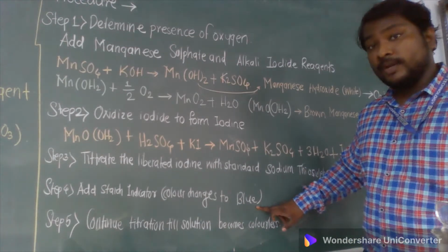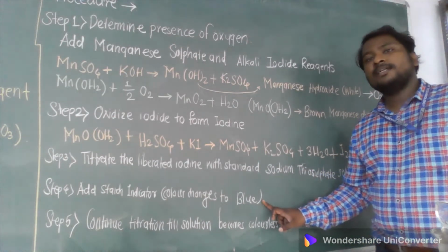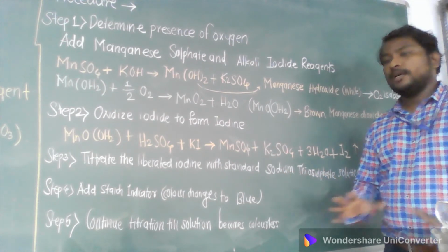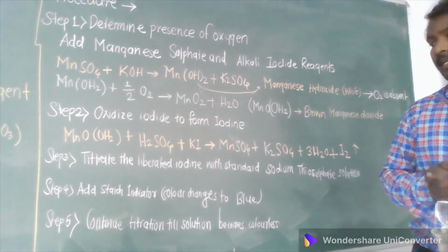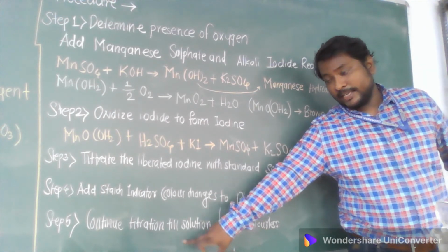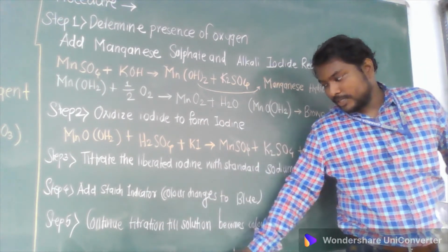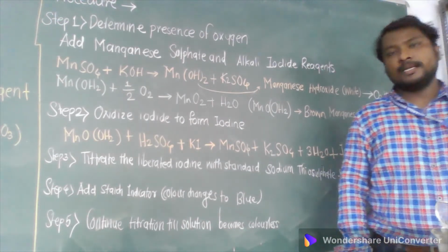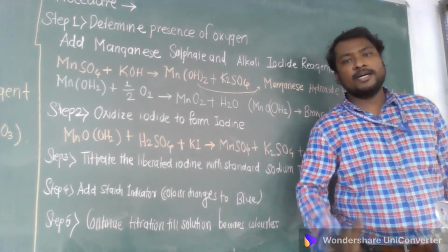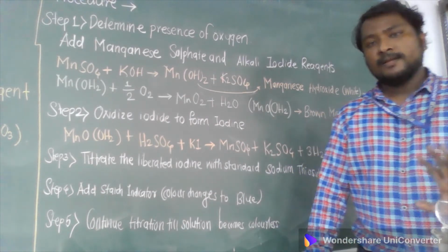When we add starch indicator, the color changes first from yellow to blue, and blue to colorless is the end point of this experiment. Step number 5 is what I have discussed: continue the titration until the solution becomes colorless, and when your solution becomes colorless, that is the end point of this experiment.